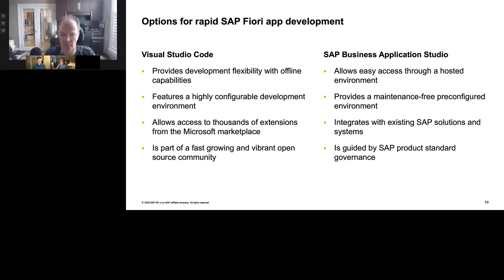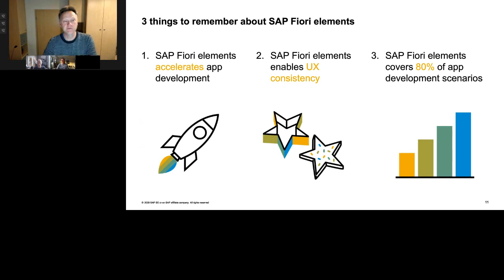So that being said, there are three things you should take away or remember. The first thing is SAP Fiori Elements will drastically accelerate your development, while at the same time always making sure that you have UX consistency across all your applications, always adhering to the SAP Fiori guidelines.